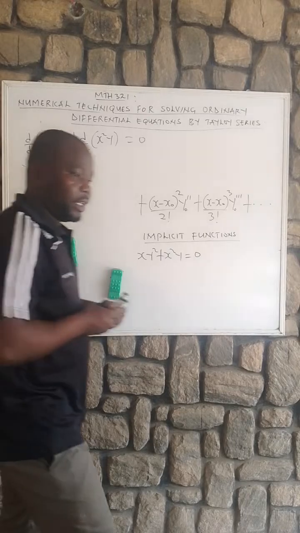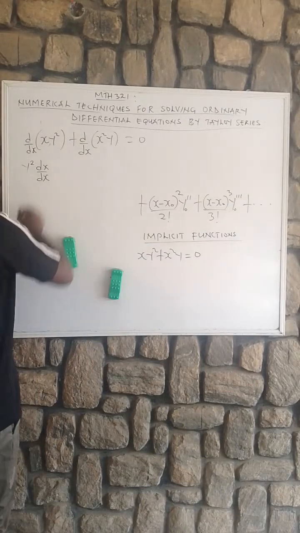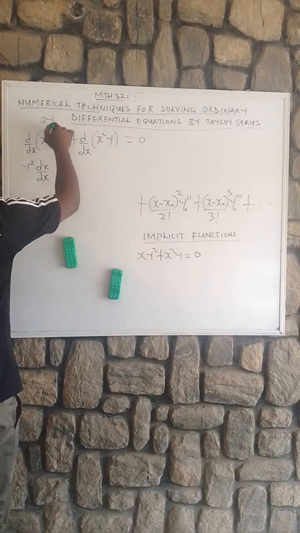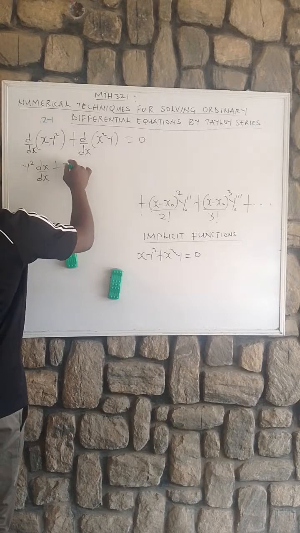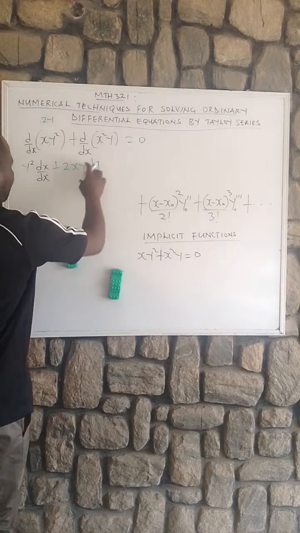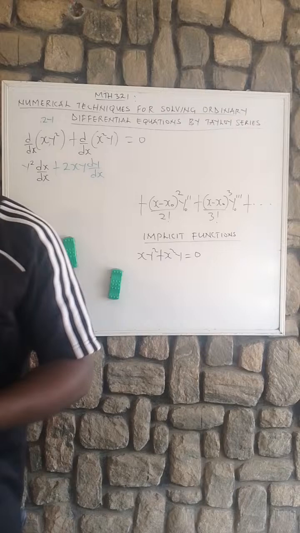Differentiate y squared. If you differentiate y squared, you are going to have 2y. True or false? Then you need to multiply, so plus 2xy dy over dx. This means you differentiated for y. True or false?